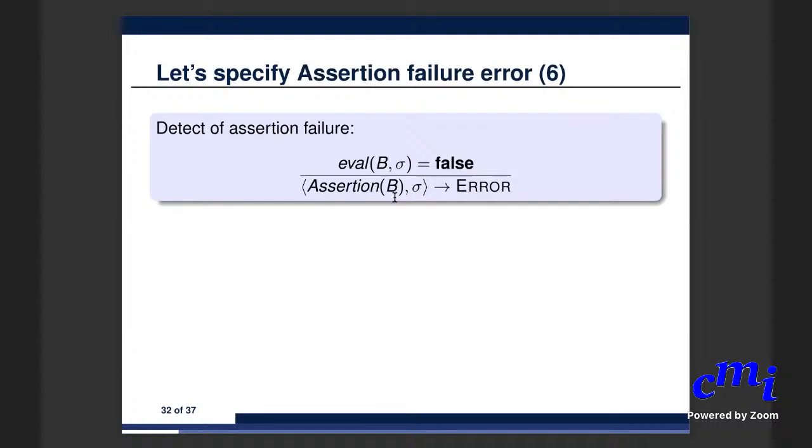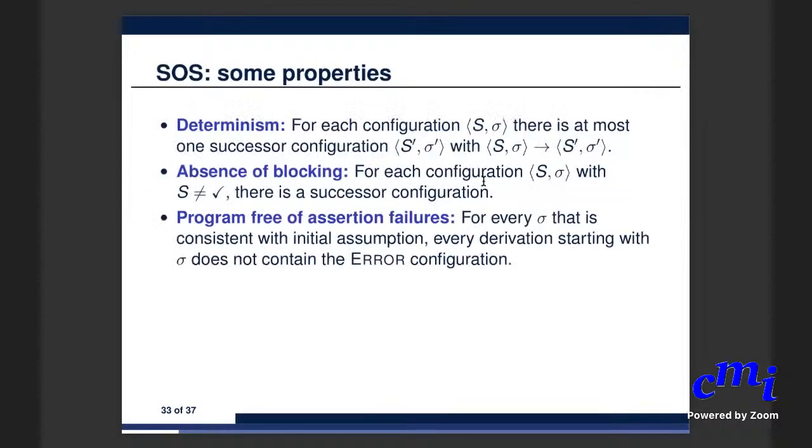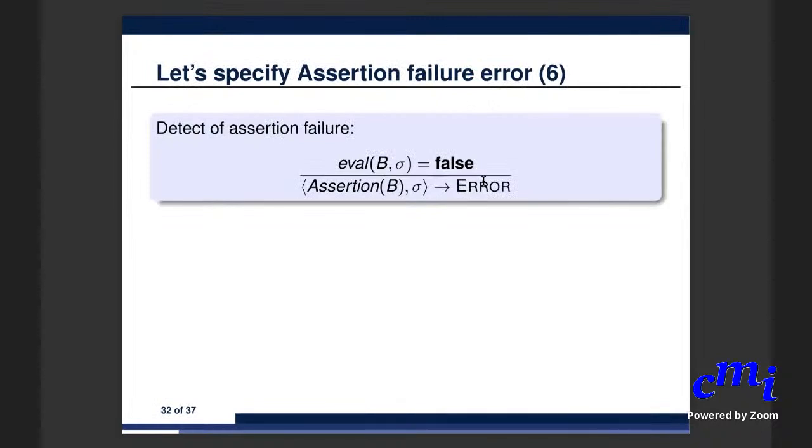So the result of executing an assertion is you check if the Boolean condition corresponding to the assertion yields false, in which case you say there's an assertion failure, and you tag that as an error. So with this, you can capture both inherent errors and user-defined property errors with assertions.